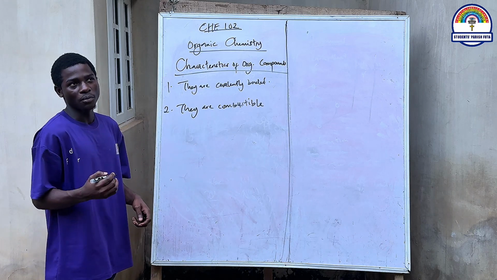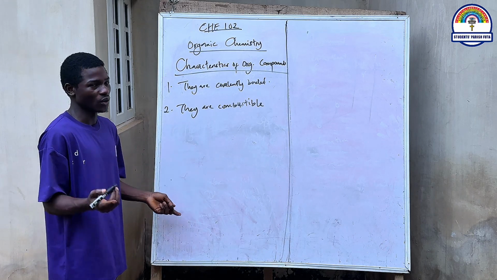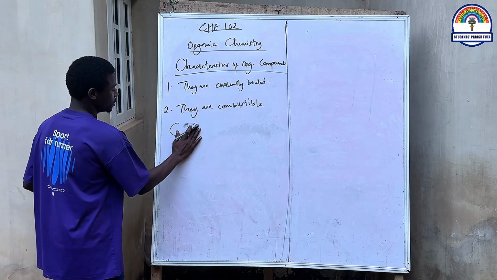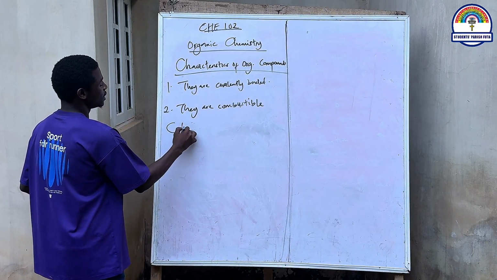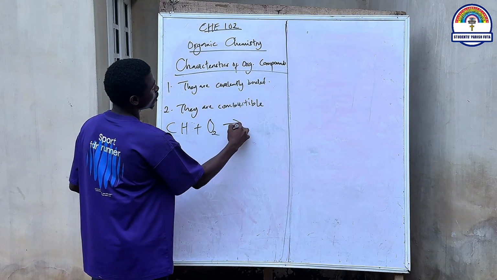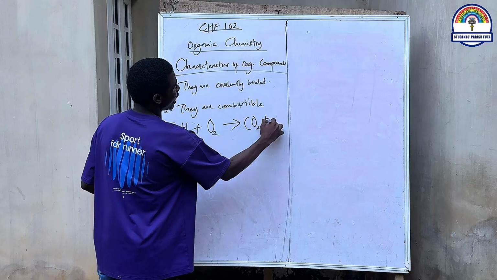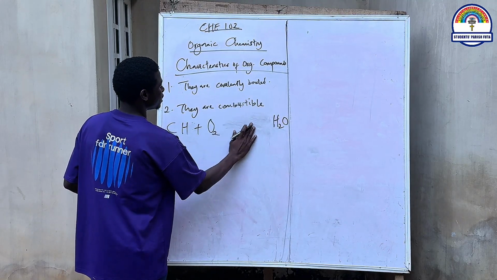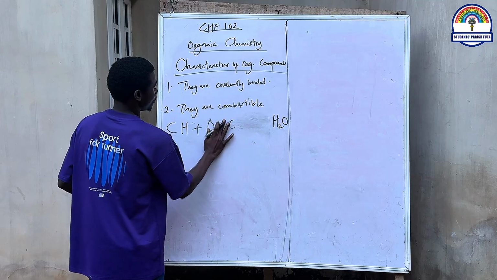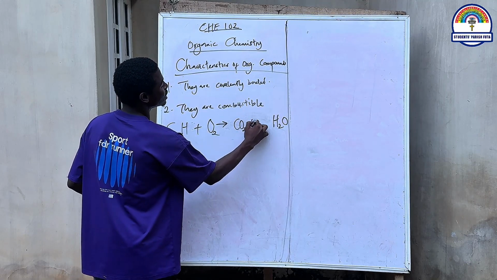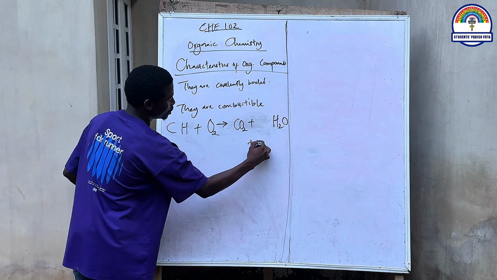But let me give you a short formula for CDT and CBE questions. Imagine you are told that a hydrocarbon combusts in oxygen. What would it give? It gives CO2 and H2O. But there is a short formula you can use to balance this equation because of time, plus energy.